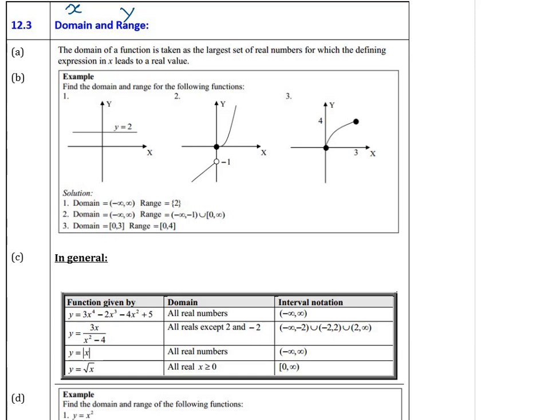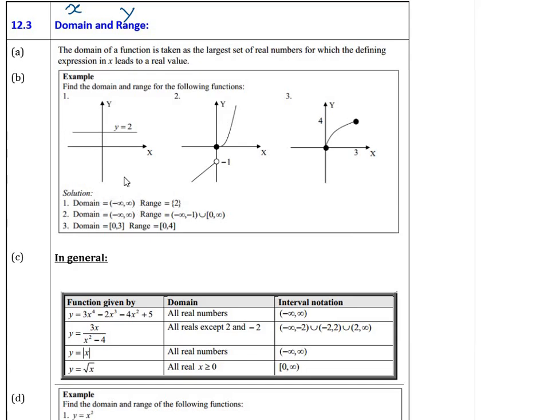Now, if we look quickly at just the 3 examples here, if I look at my y equal to 2, there's absolutely no problem with the x coordinates. X can be negative, here x is negative, here x can be 0, here x can be positive. So x can be absolutely anything.